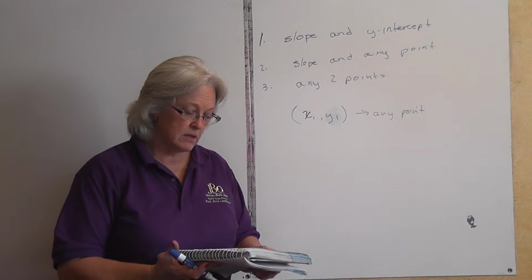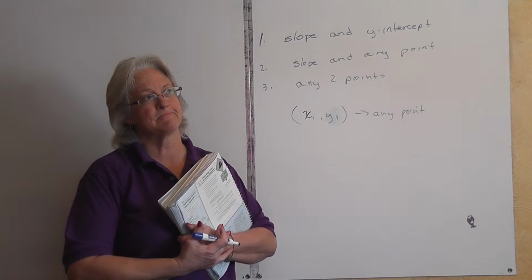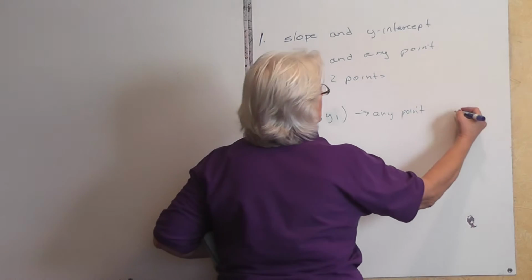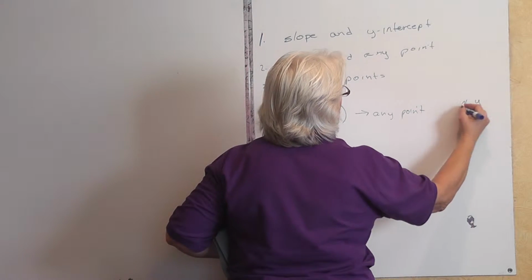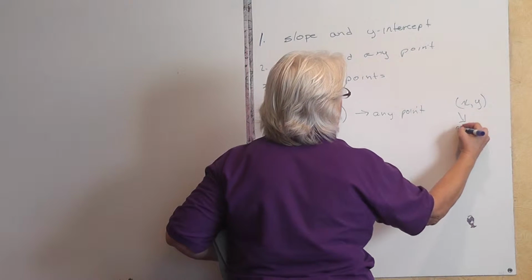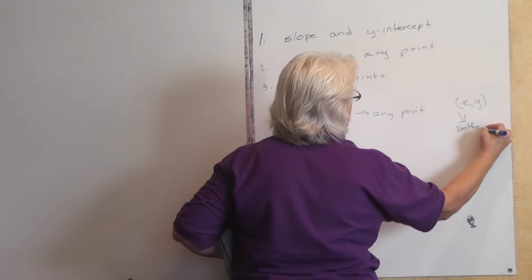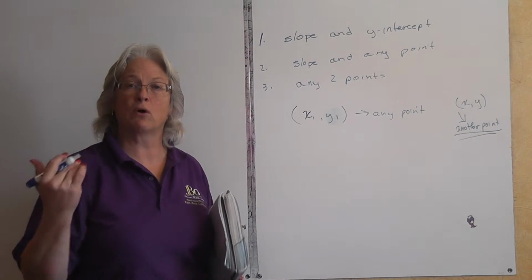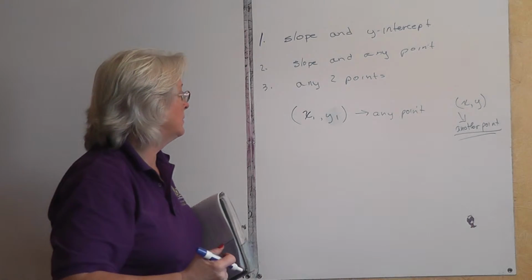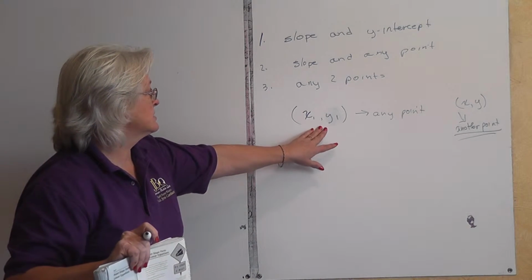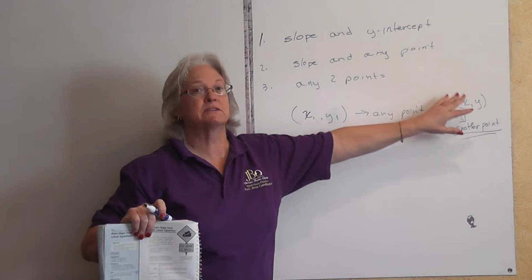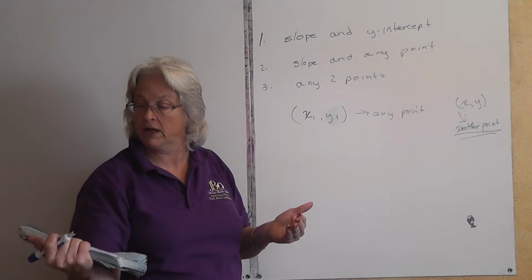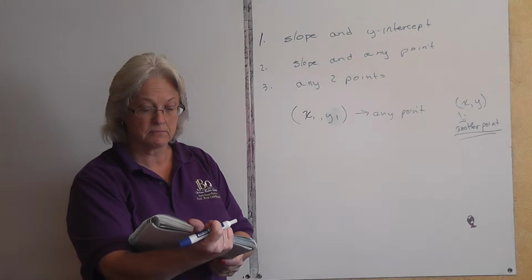Well, we're going to substitute another point, (x, y). This is just another point, a random point. Remember, on a line there are an infinite number of points. So this is going to be any point, and this is the second point that we need. And why do we need to have those 2 points? Because we can calculate our slope then, can't we?